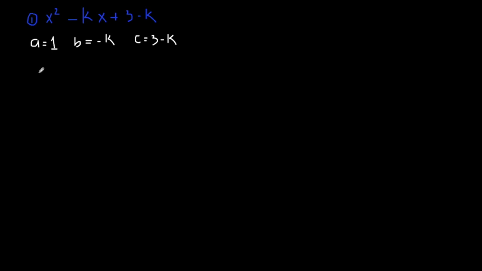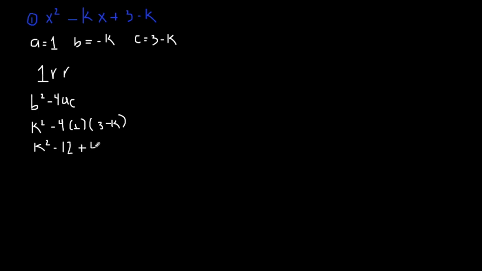So now we have to plug this into our discriminant formula. So this is going to look like k squared minus 12 plus 4k. And then you're going to organize the terms, so it's k squared plus 4k, and then minus 12.